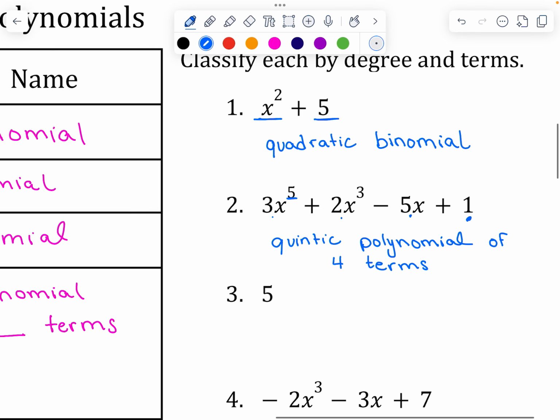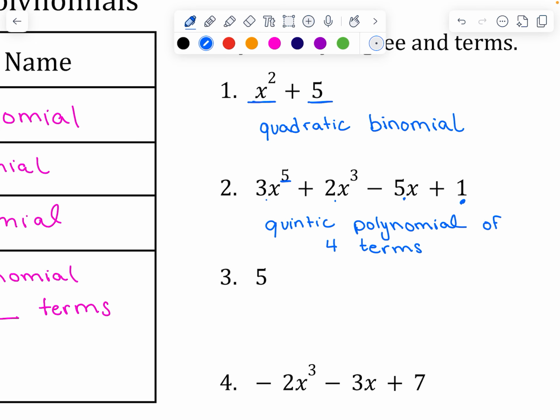Number 3, we just have the number 5, so it has no exponents, the degree is 0, so we're going to call it a constant. It is just one term, so it's going to be a constant monomial.